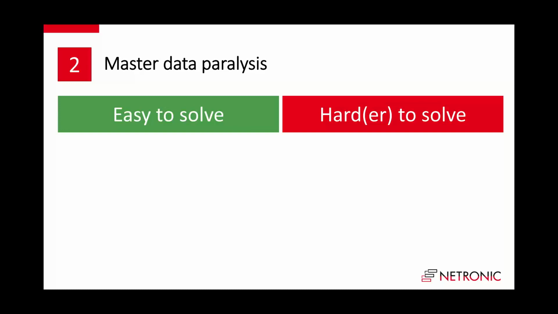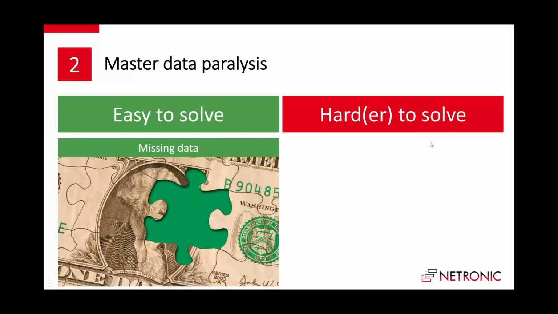It is not us, but if you are in this trap, dealing with and being concerned about master data so much that it prevents you from getting your scheduling activities kicked off, then there are two cases, and the one is easy to solve, the other is really hard to solve. The easy one to solve is if you miss data. And I will come to this in a minute again.